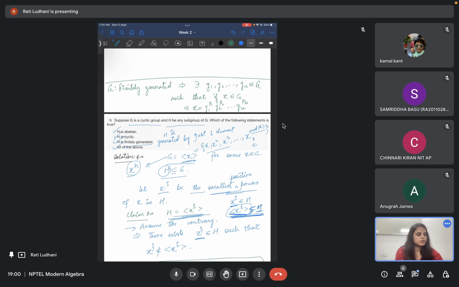So any element can be written as a product of powers of these gi's, and n is some finite number.